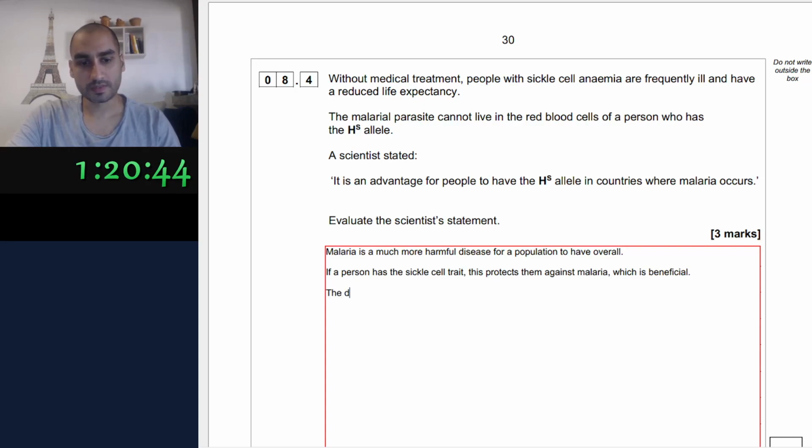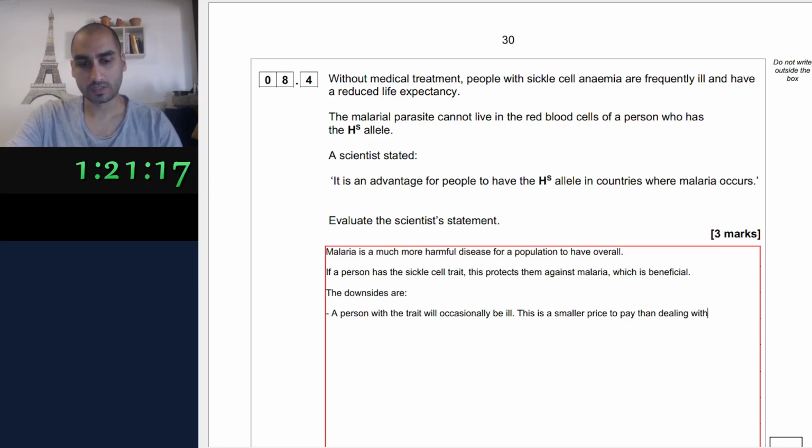The downside is, okay, first of all, a person with the trait will occasionally be ill. This is a smaller price to pay than dealing with malaria, I think.